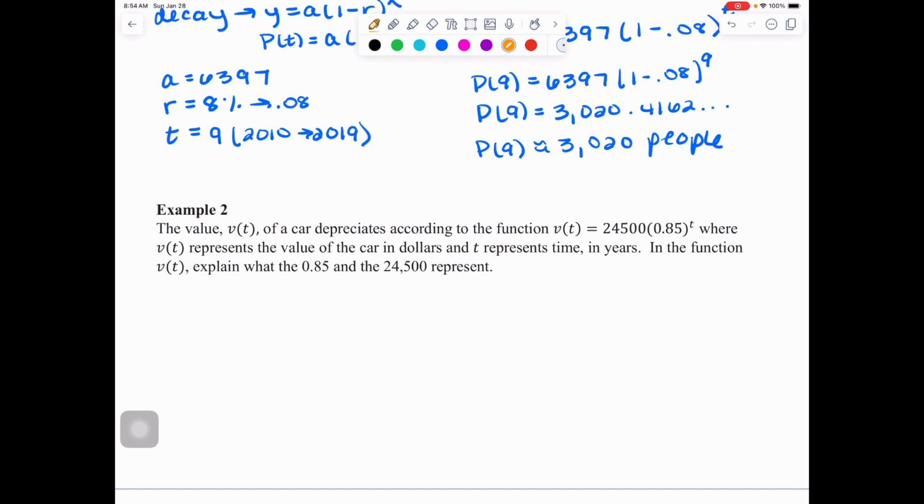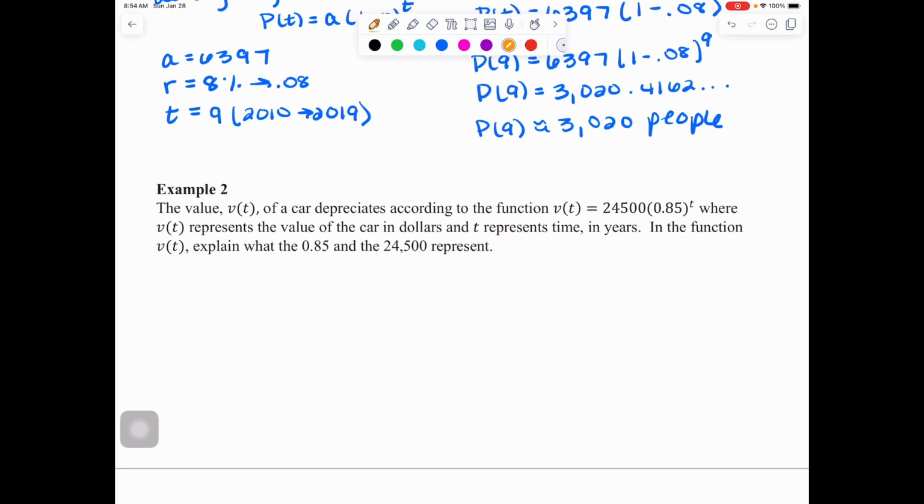So we want to start by using the 0.85 first. And we want to say what that means. So think about what the formula is. Inside the parentheses, it's either 1 plus the rate or 1 minus the rate. And this number is below 1. So I should know that this is a decay or depreciation problem.